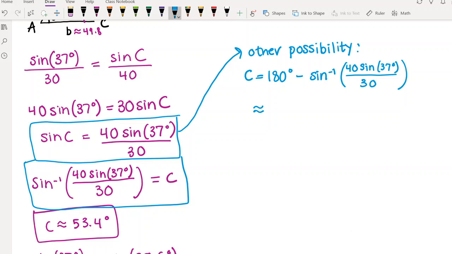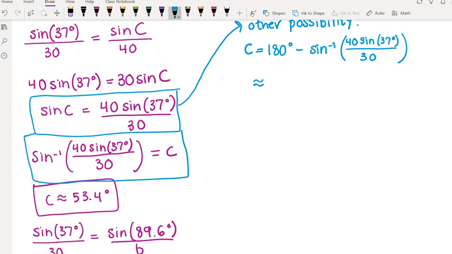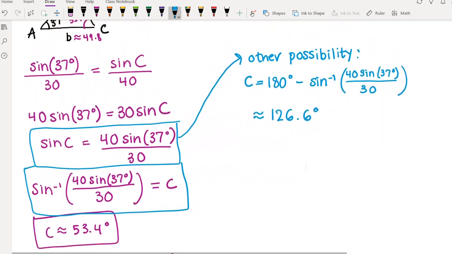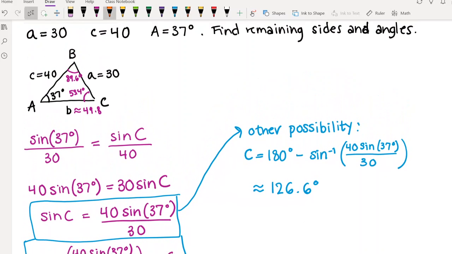And so if you type that into your calculator, or if you just do 180 minus what we got over here, because this is the inverse sine of all that stuff, you should get, drum roll, 126.6 degrees. So that is the other possibility. We'll finish off this triangle in a second by finding the remaining angles and sides, but let's just try to draw what that would look like.